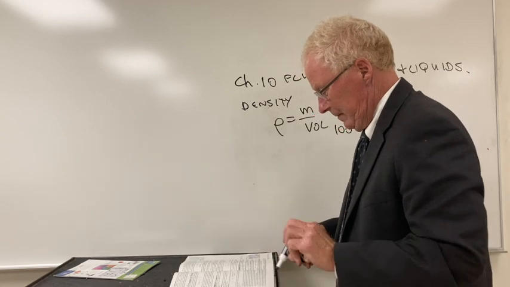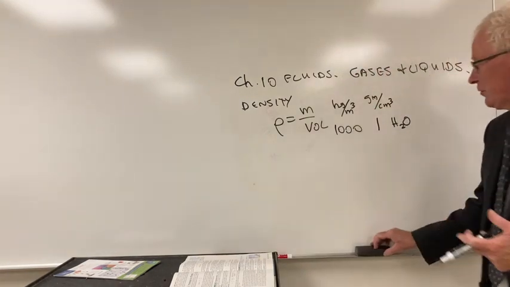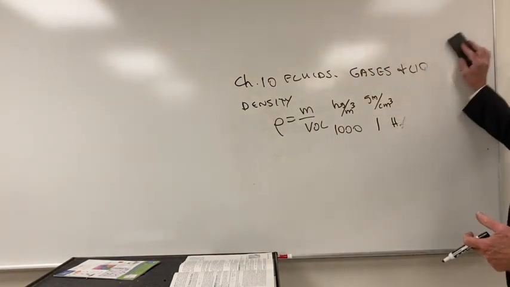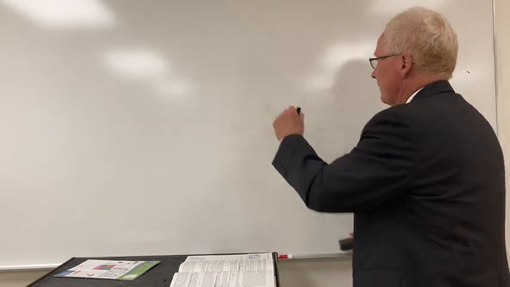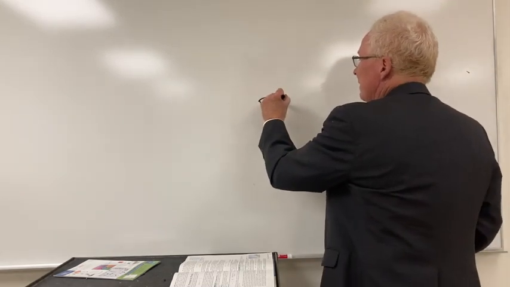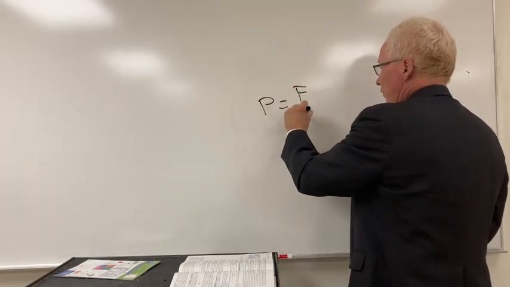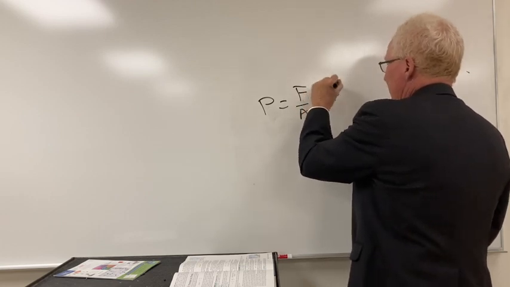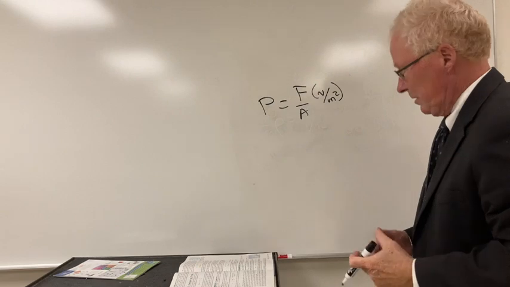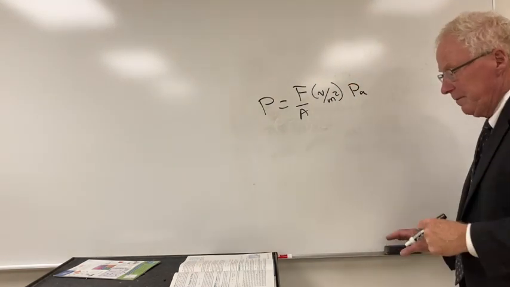All right. So we talk about pressure. So that's the first couple sections. We talk about pressure. Pressure P, all right, is force over area, which is in newtons per meter squared as far as units are concerned, or this unit is called a Pascal.